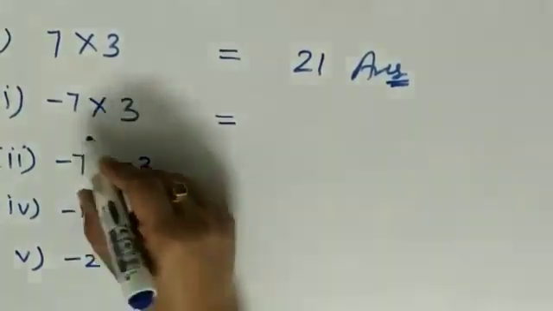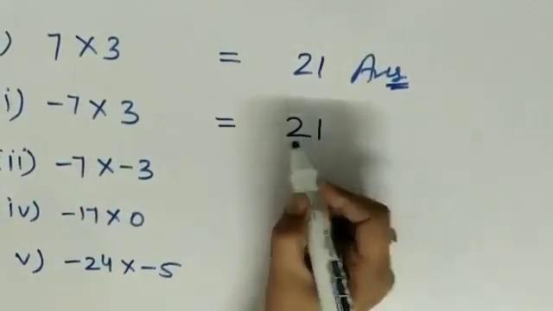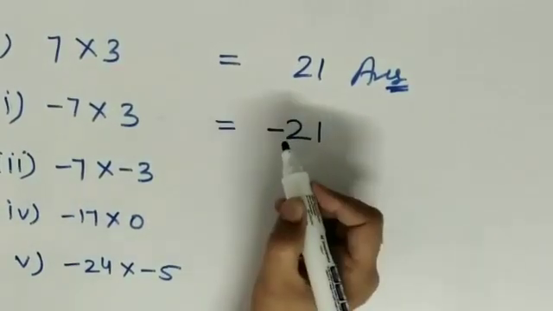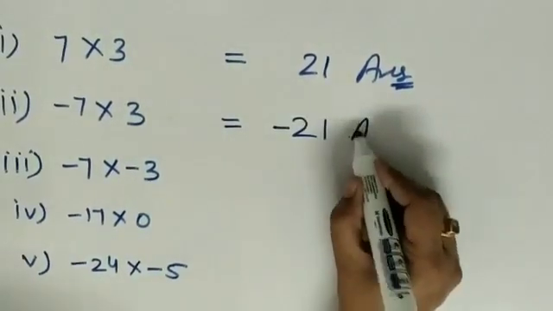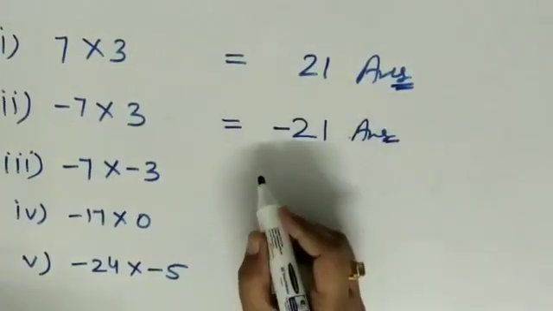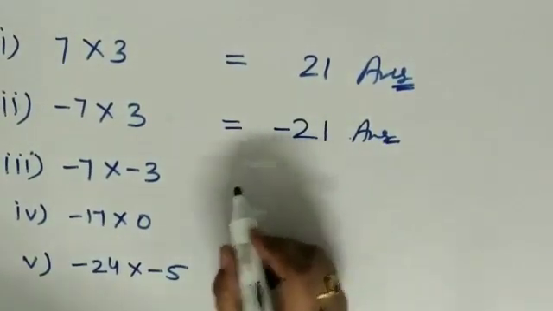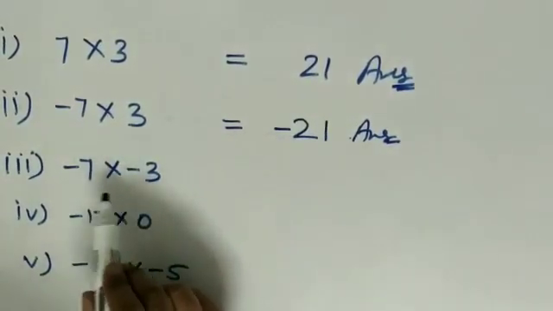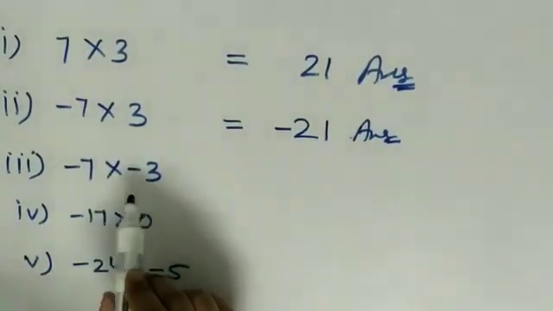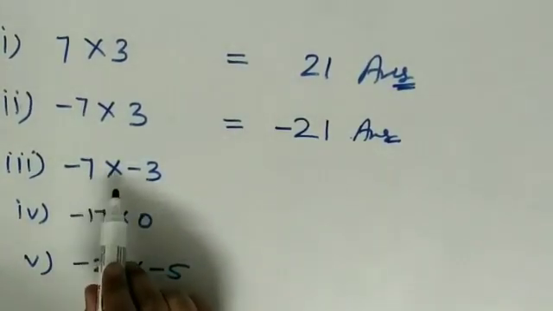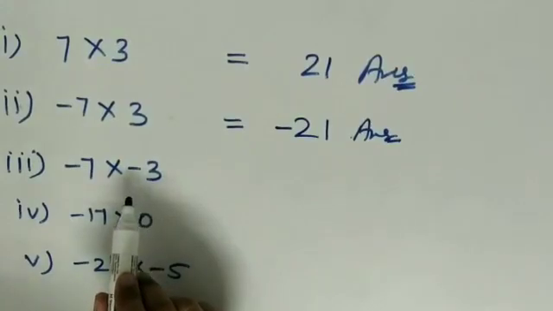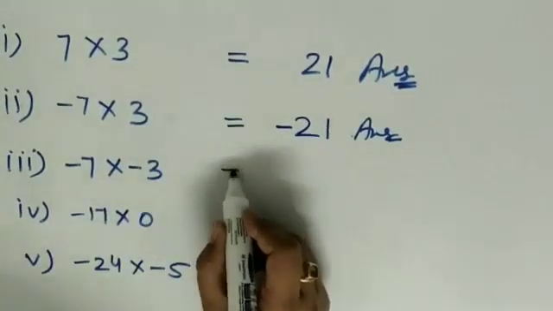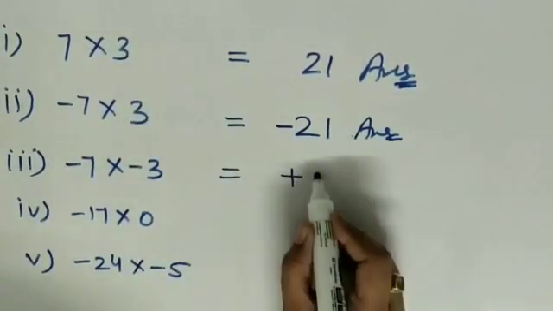That is 7 into 3, 21 and a minus sign here. Then I have again 7 into 3 is equal to 21, but negative into negative is positive, so my answer will be plus 21.